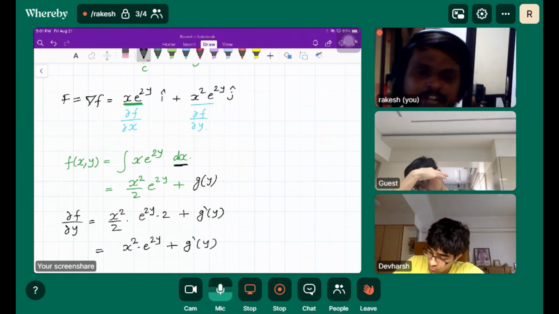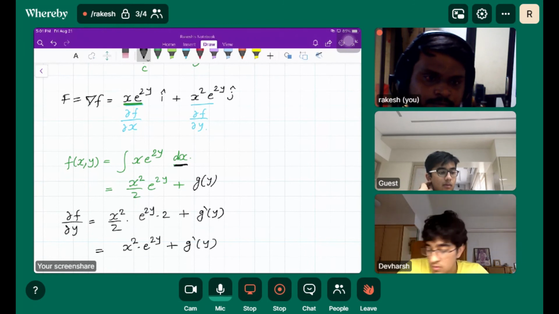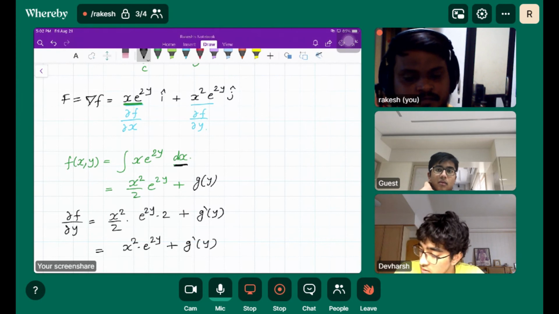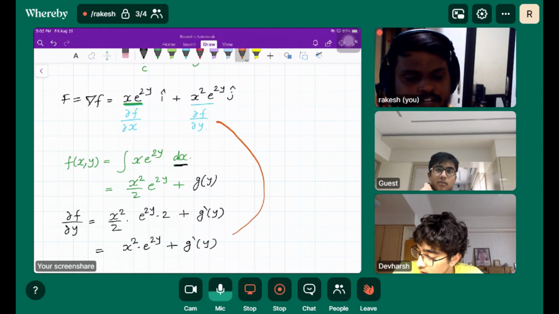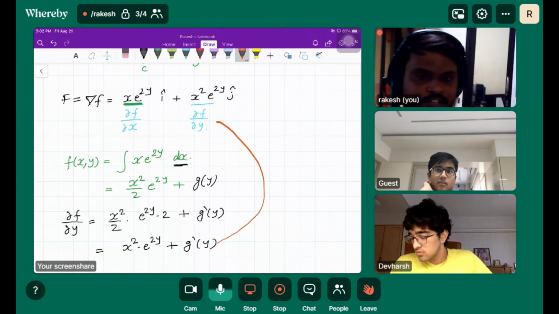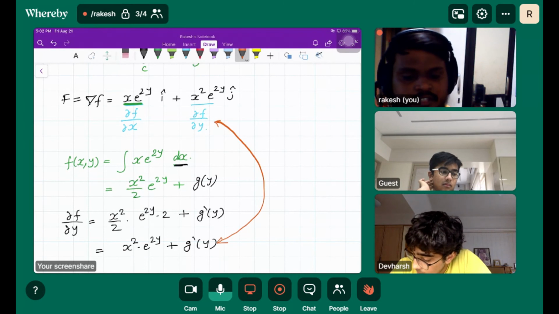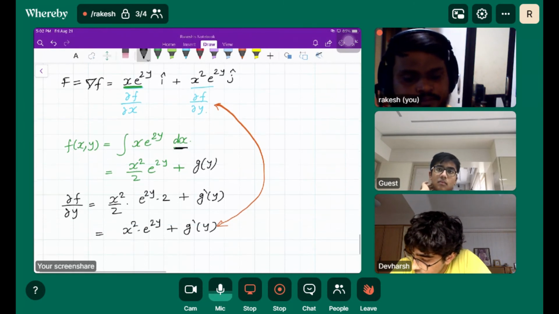This must be equated with what we found, that is Q, x² e^(2y). We already have the partial derivative of the function with respect to y. We'll equate them, right? So what do we get?